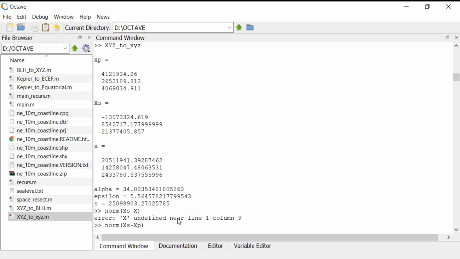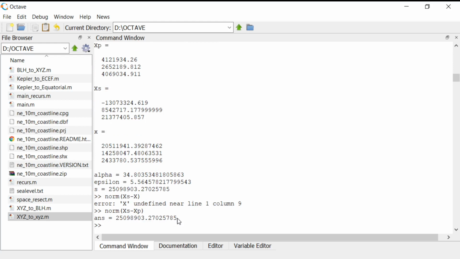So you see here, this slant distance and the value obtained by getting the norm of the difference vector are equal to each other.